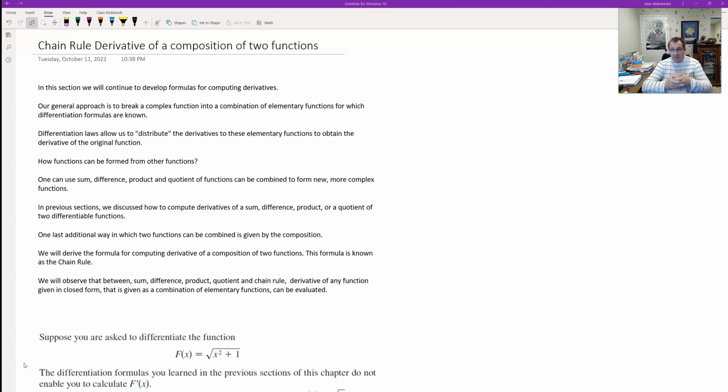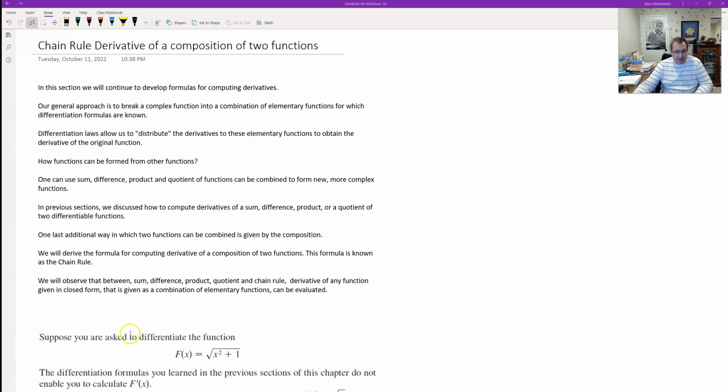Closed form means that the function is given as a formula using a finite combination of sine, cosine, tangent, cotangent, square roots, different kinds of exponents, exponentials, and any sort of known function that you can come across. As long as the function is combined out of those, and there's only a finite number of pieces, the chain rule, product rule, quotient rule, sum and difference rules can break that construction down, which is a very, very powerful result.